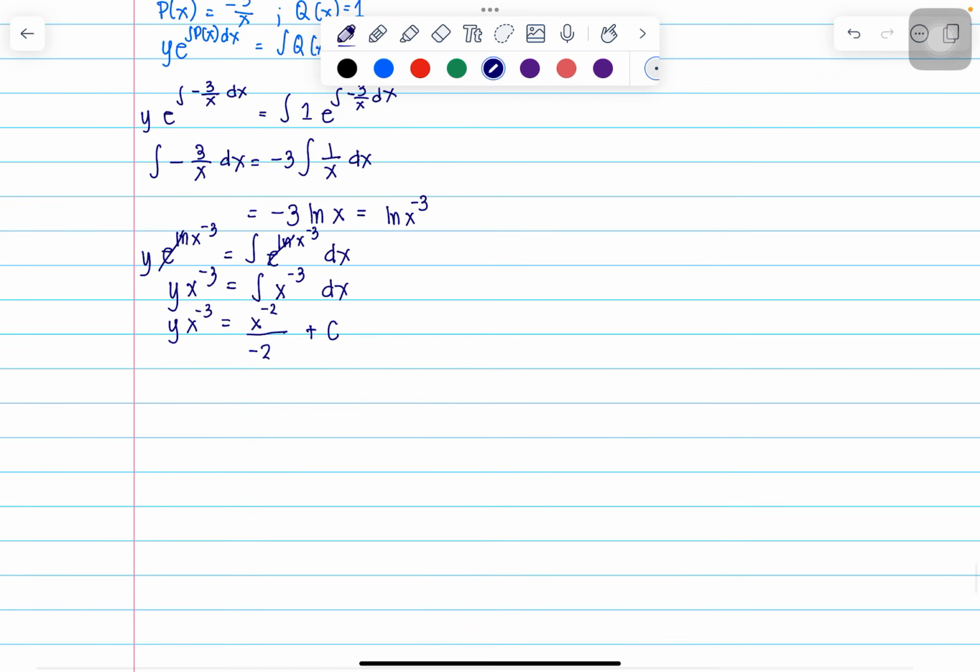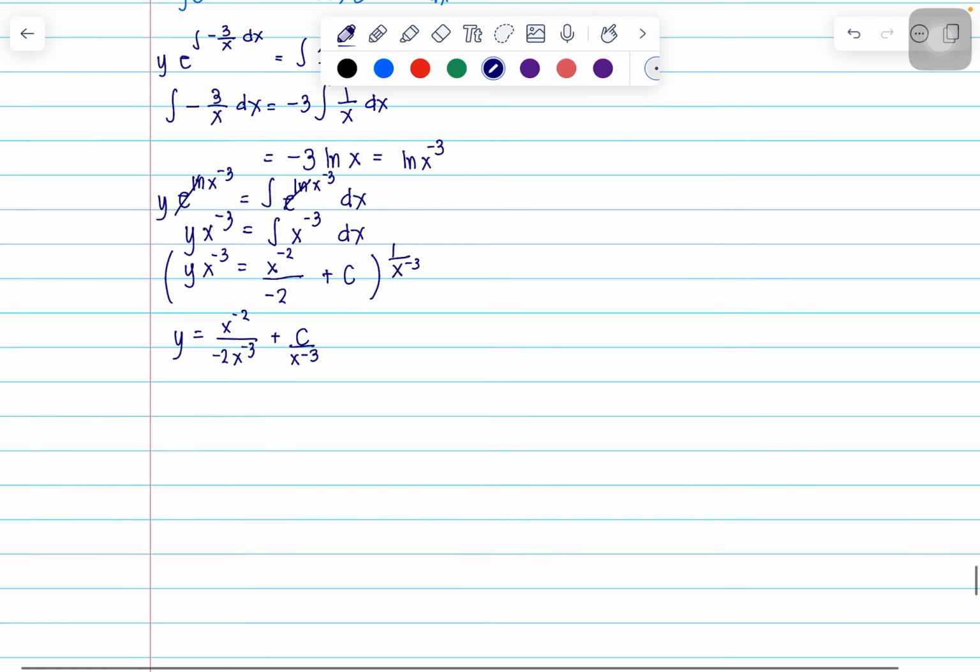Alright, so let's simplify the equation. We can multiply the whole equation by 1 over x to the negative 3. So we have y is equal to x to the negative 2 over negative 2x to the negative 3 plus c over x to the negative 3.